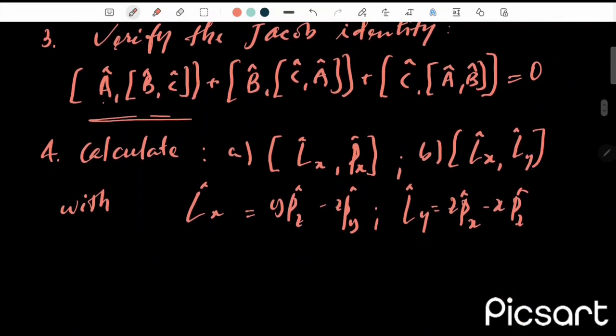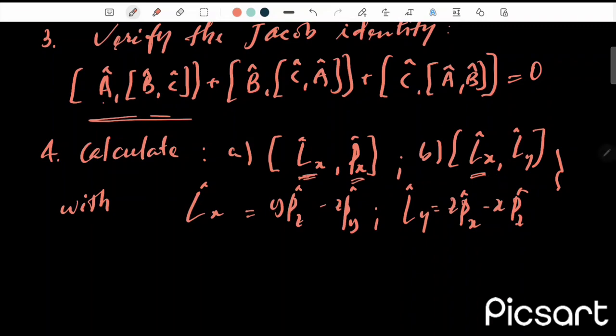And as the last exercise, we will also solve these commutators of the angular momentum with the linear momentum. Here we have the x component of the angular momentum commutating with the x component of the linear momentum.